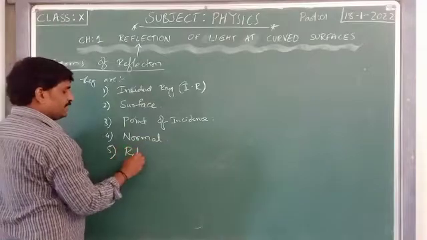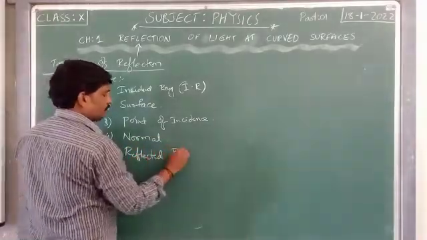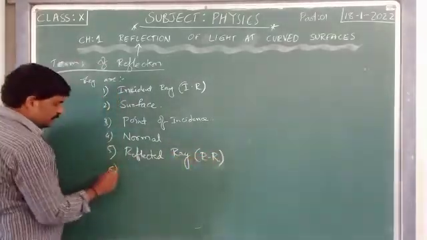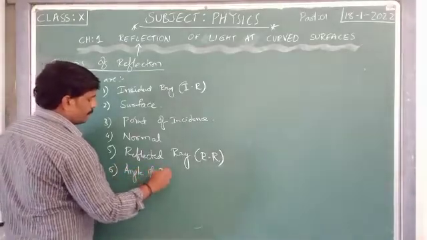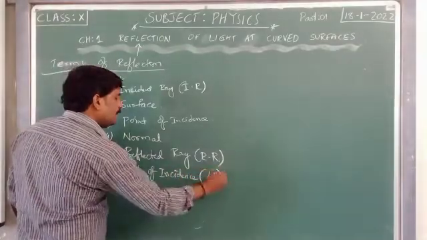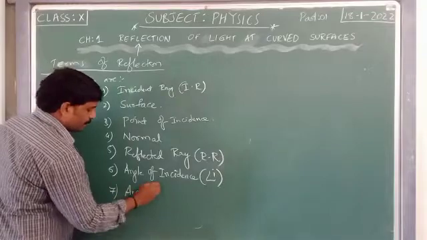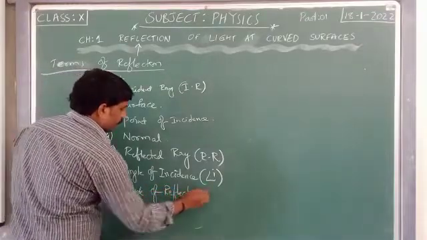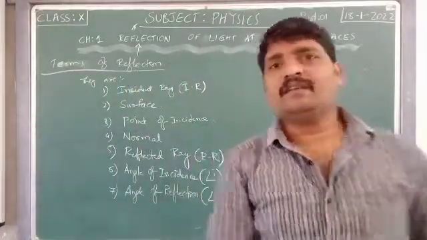Fifth one is reflected ray. We are talking about RR. Sixth one, angle of incidence. It is angle I. And seventh one is angle of reflection. There are 7 terms associated with the reflection.